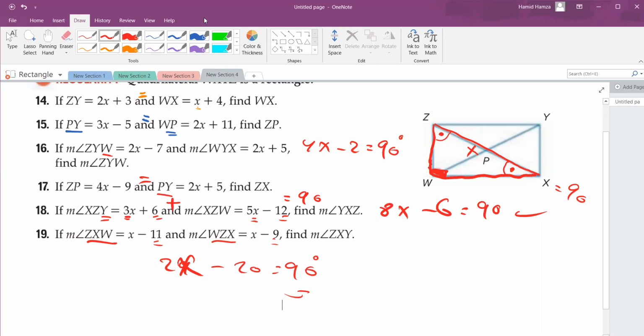So any question about this part? No. Okay, guys, so that's all about the rectangle. He gave you the parts, and you need to discover the relation connecting these parts to form the equation, solve it, and find the requirement. Okay, guys.